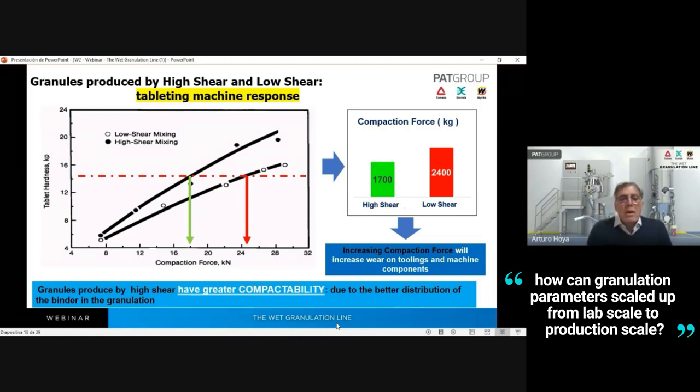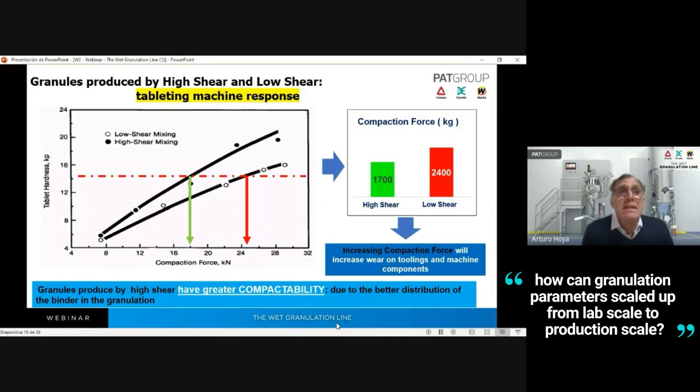If we want to use the Froude number approach, what we have to do is obtain the very same value of Froude number at small scale as in pilot or production scale. These are approaches.